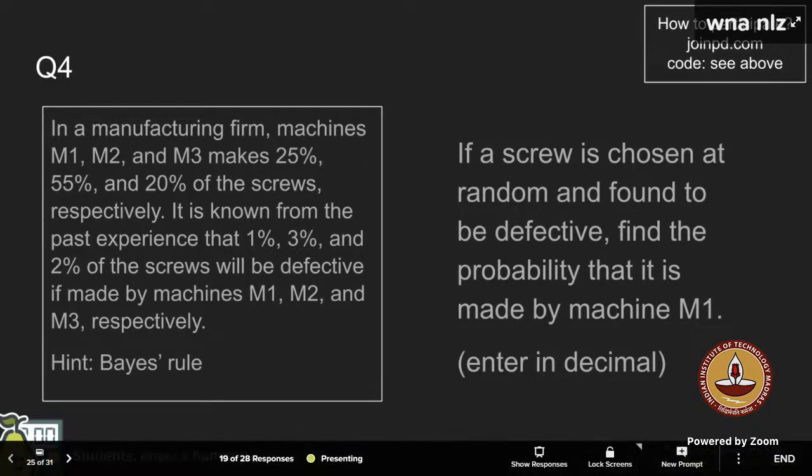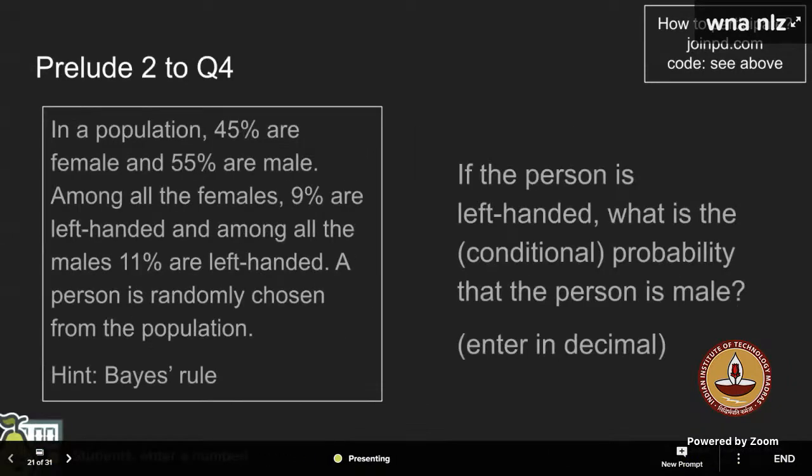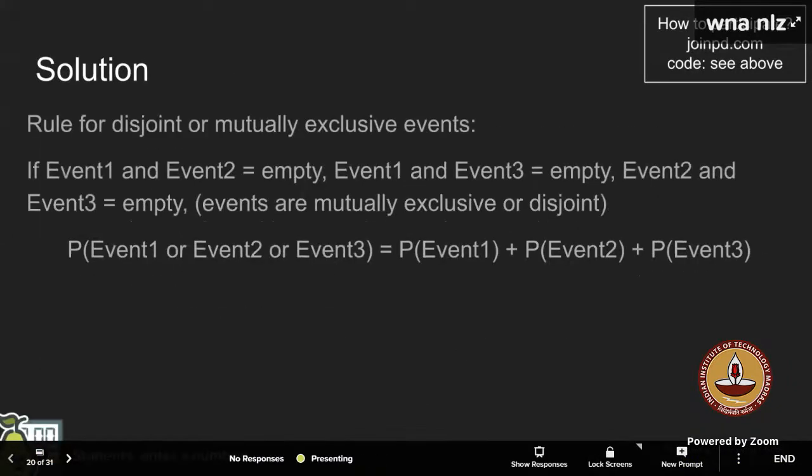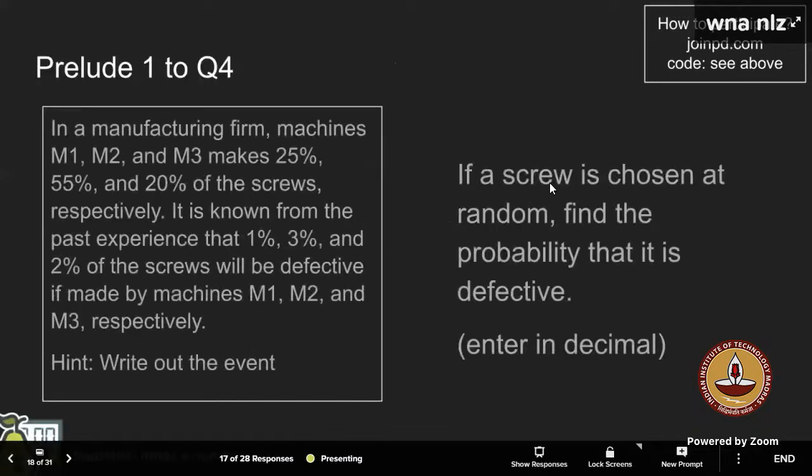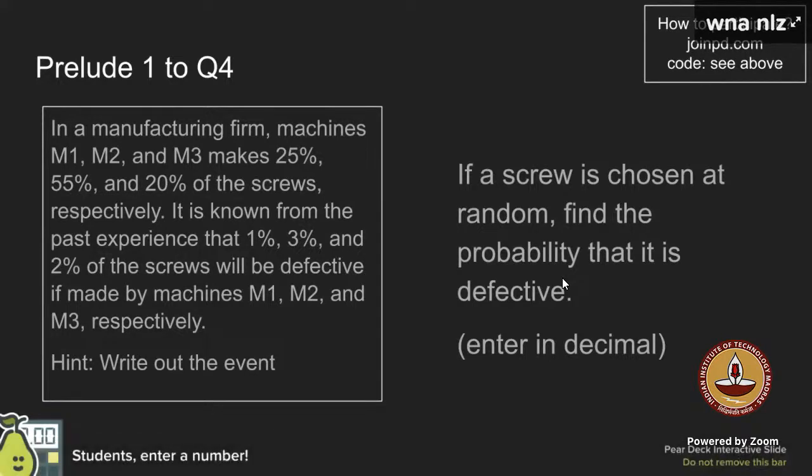Now in the same question, suppose we didn't know what we were getting at the end. We were not given the end result. If the screw is chosen at random, what is the probability that it is defective? We don't know right now whether it is defective. So for this question, you will go with total probability. In that question, we were given that the end result is going to be defective.